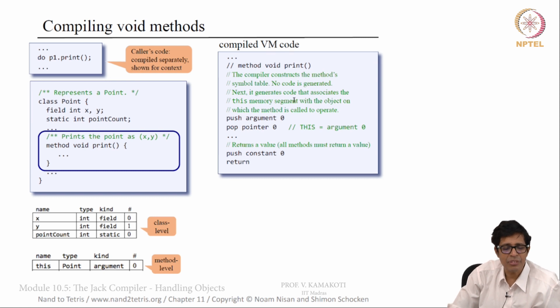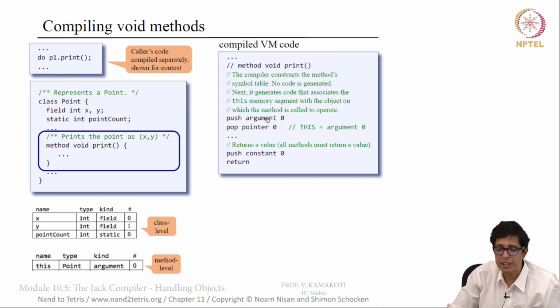In the case of do, when I say P1 dot print, we push P1 and then call print 1. So it will push P1 and call print with 1 argument. Again push argument 0, pop pointer 0. So we are now setting up the context of P1 here, because we have to do P1 dot print.